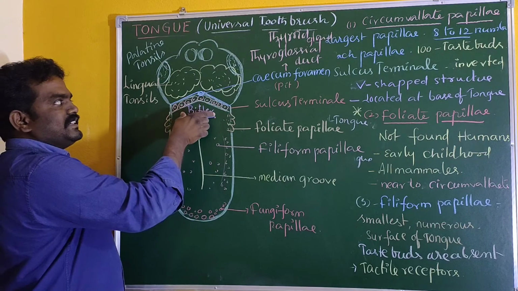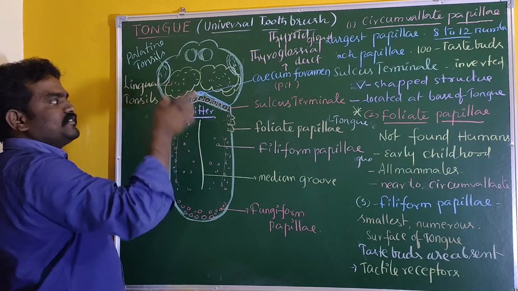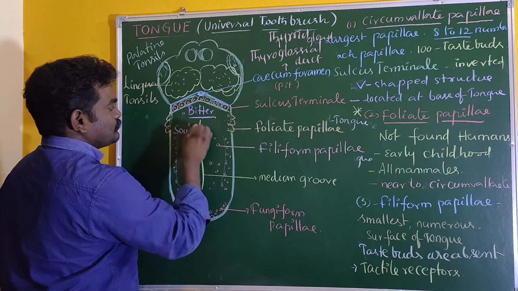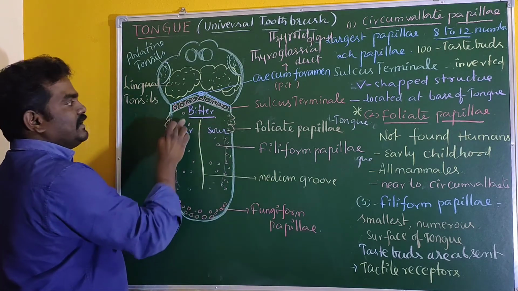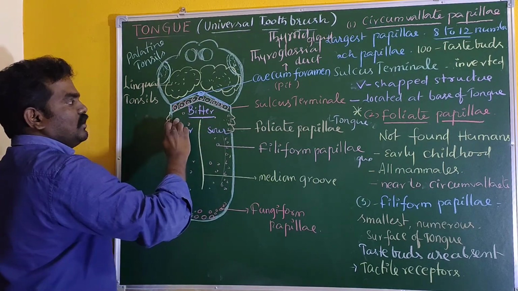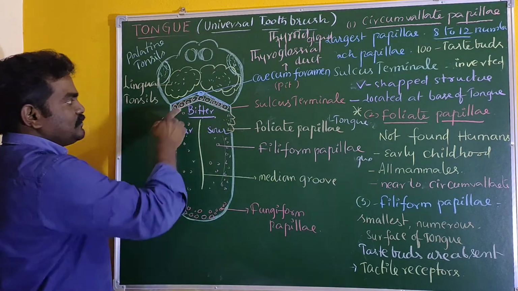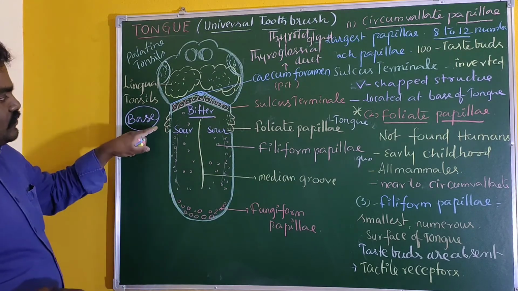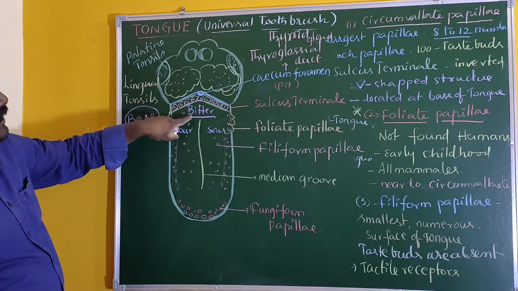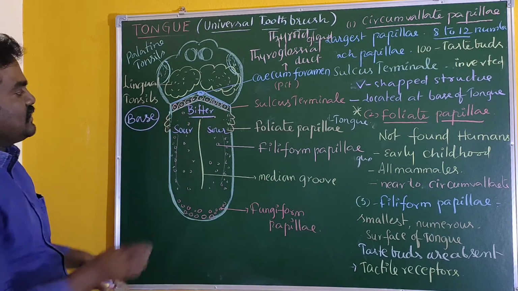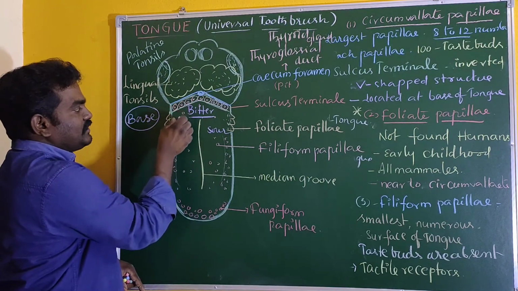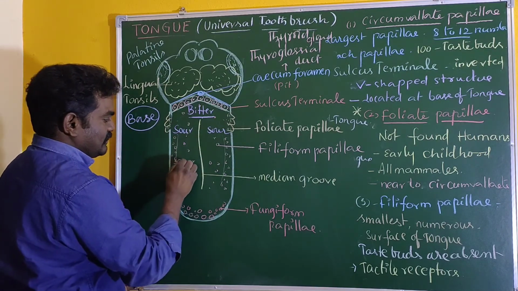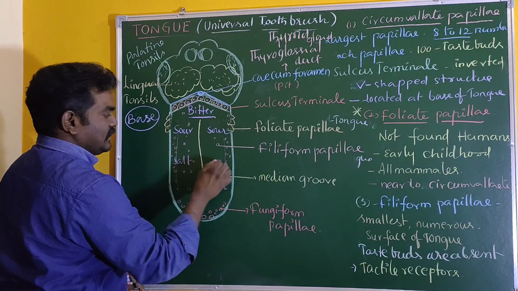Bitter taste is detected at the base of the tongue. Next, sour is also located near the base of the tongue. Near the circumvallate papillae, the receptors detect the bitter taste, and near the circumvallate papillae we detect one more kind of taste, called sour. And next, this is salt.